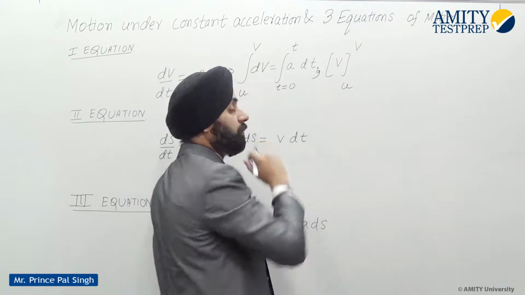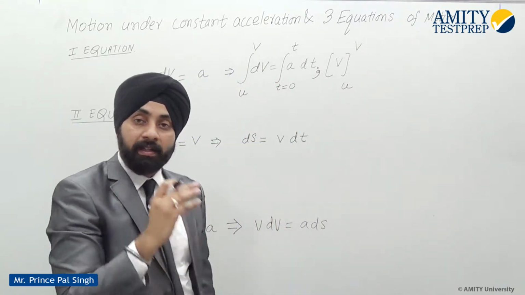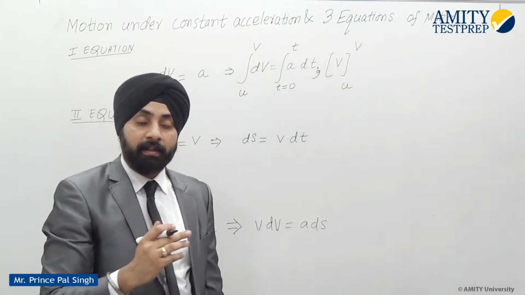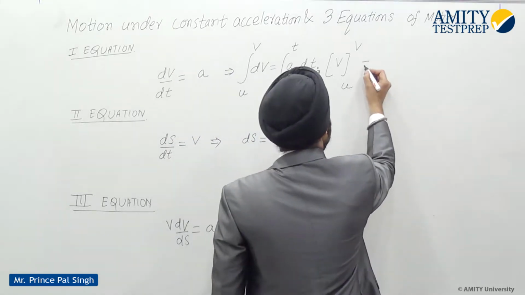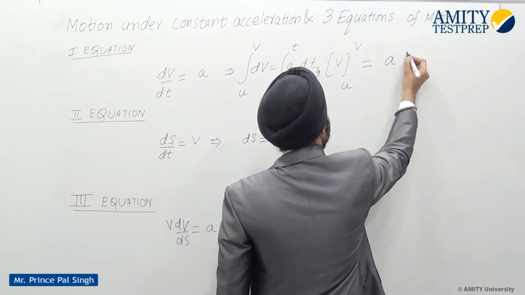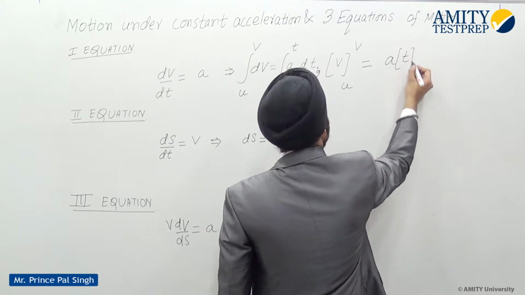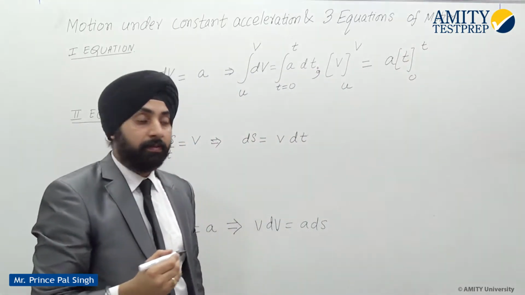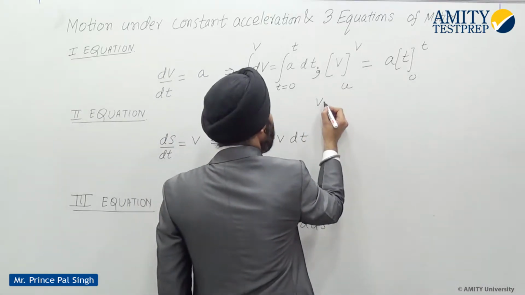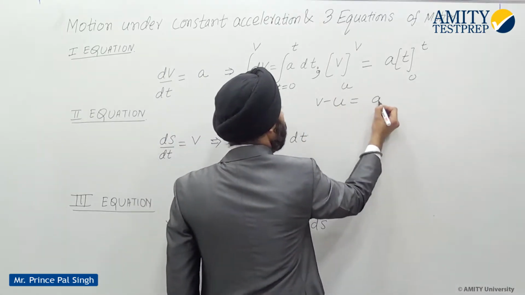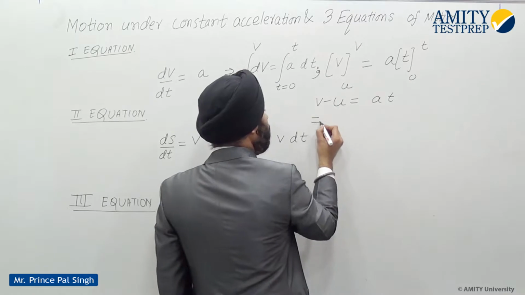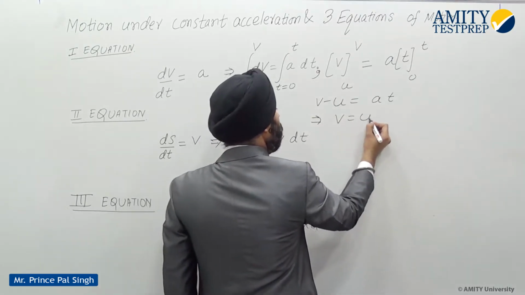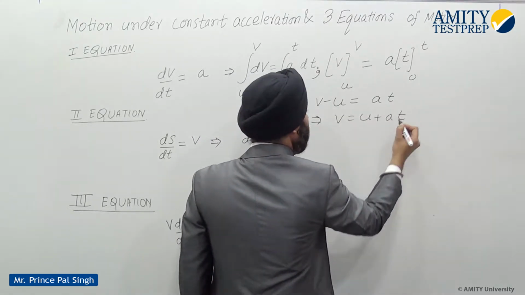So a will come out from the sign of integration and the integration of dt will be t. So we get at from the limits 0 to t. On putting the limits, we get v minus u equal to at.